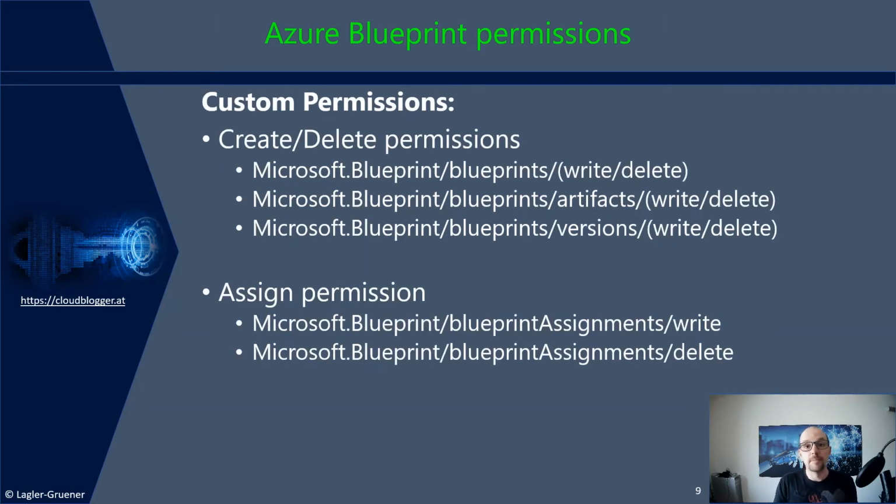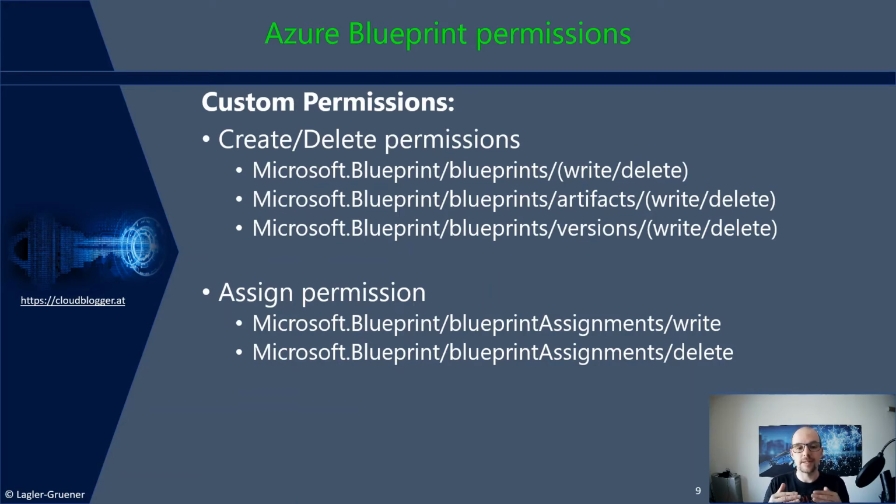You also have the ability to create your custom roles, and these are the permission levels which are available. The first is the create or delete permission. You can see here we are using the Microsoft.Blueprint resource provider.